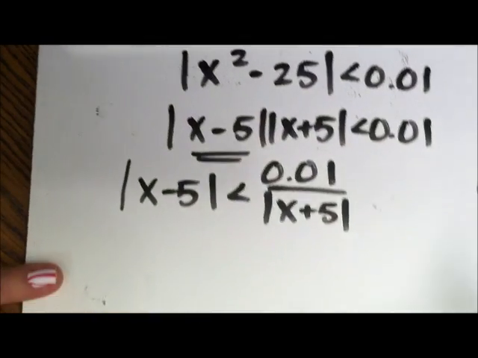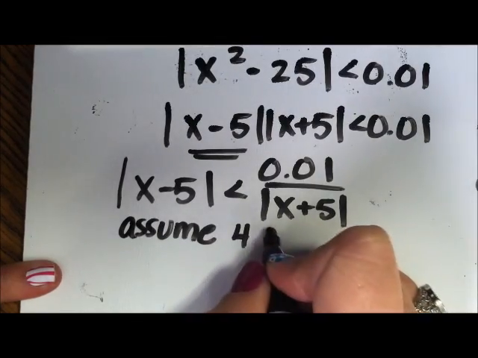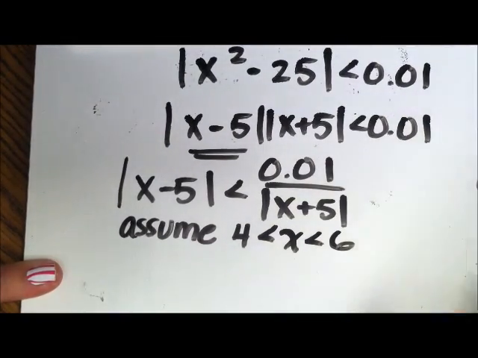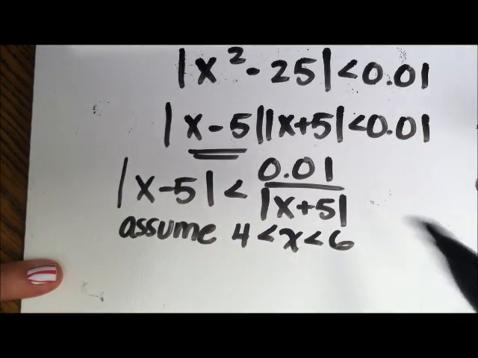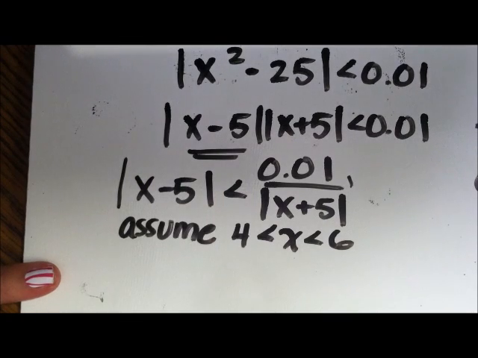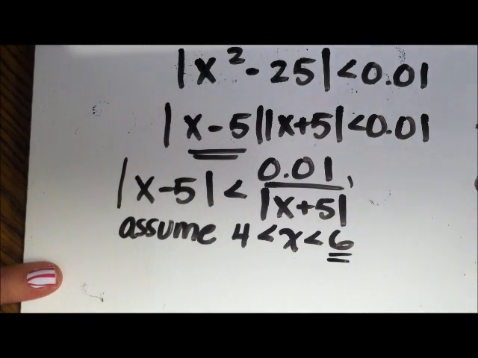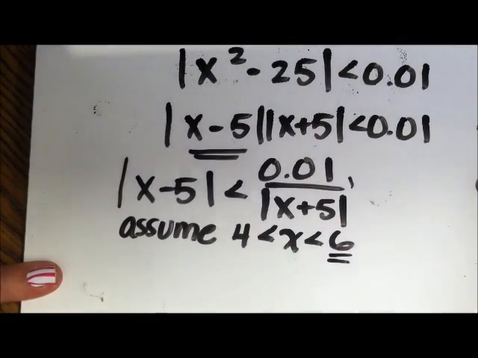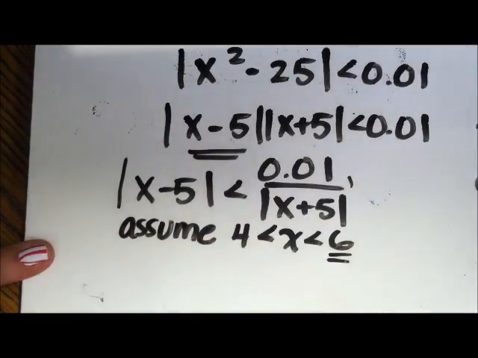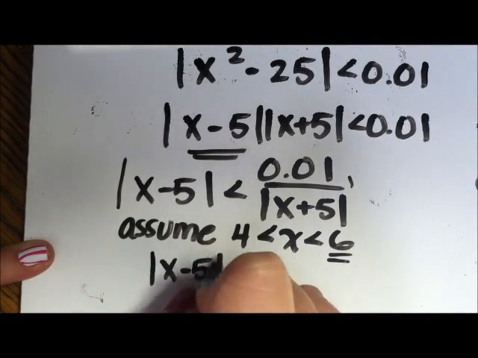So I'm going to assume that x is between 4 and 6. In order to get a smaller delta, because my goal is to look really close to my c value, you can pick your delta as it exists. I'm going to pick x equal to 6 here. So the absolute value of x minus 5 stays the same.